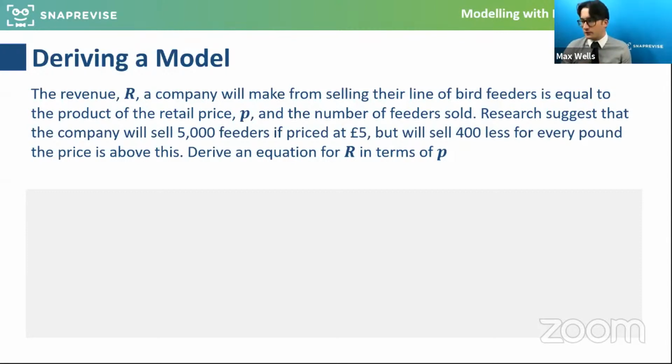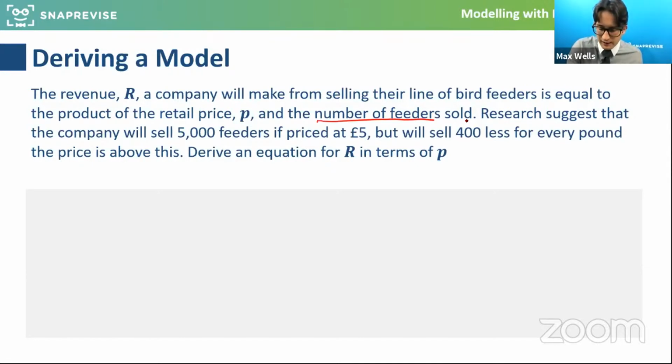Now, I used to absolutely hate questions like this because I felt like I had to read it about 5 times and then sense check it, and then you're not 100% confident, but we'll break this down and do this carefully together. So we've got the revenue R, the company will make from selling their line of bird feeders, is equal to the product of the retail price times something, the number of feeders sold.